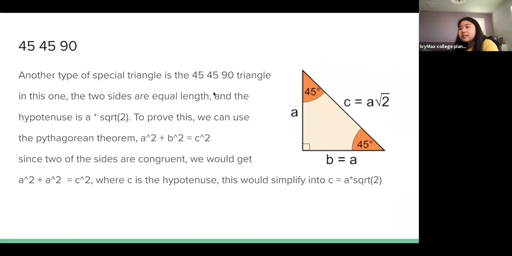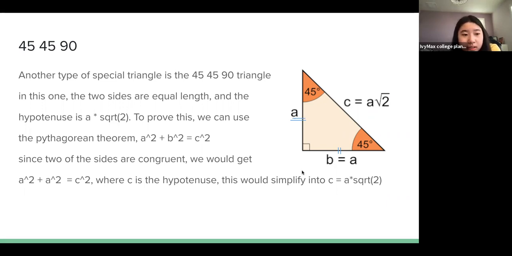Okay, so our next special triangle is a 45, 45, 90 degree triangle. For this, the two sides are equal, as shown in the picture on the screen. So A right here is equal to B right here.